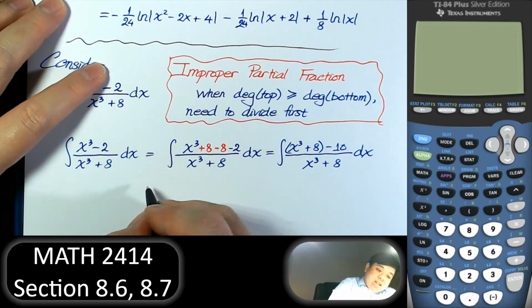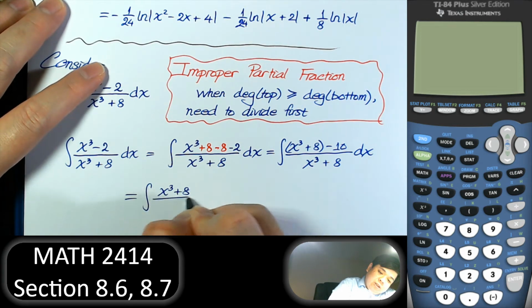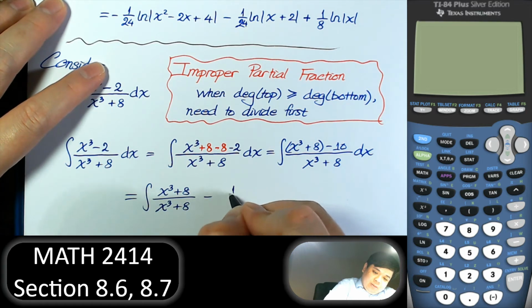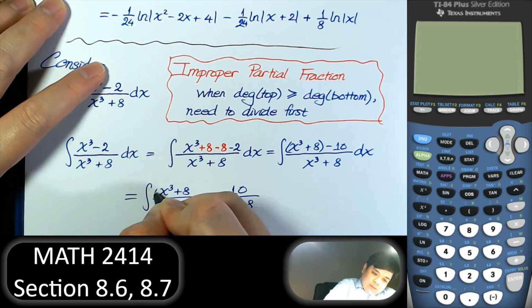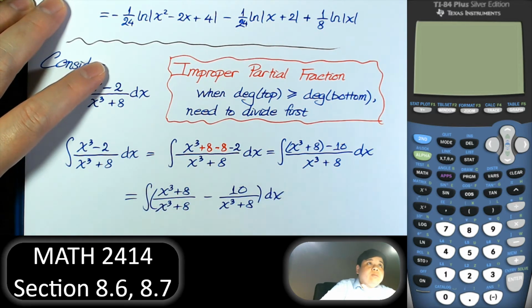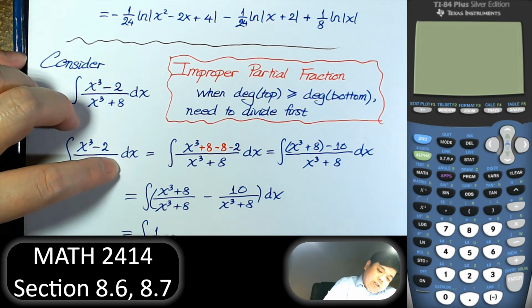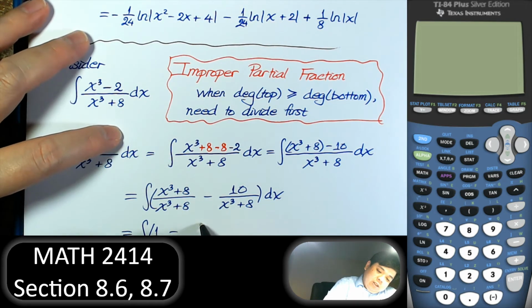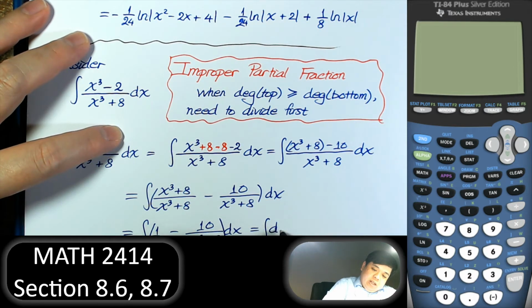And then we will split. And x cubed over 8, so it's going to be 1. And we split the integral.